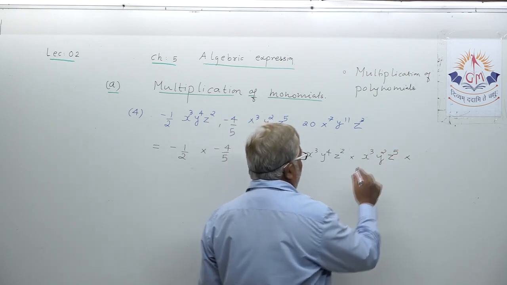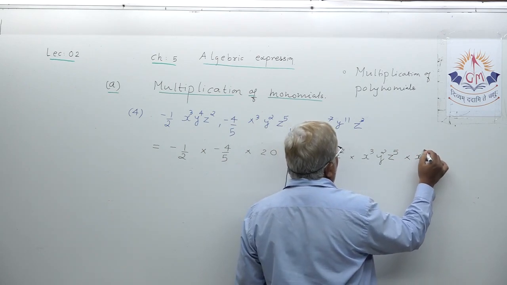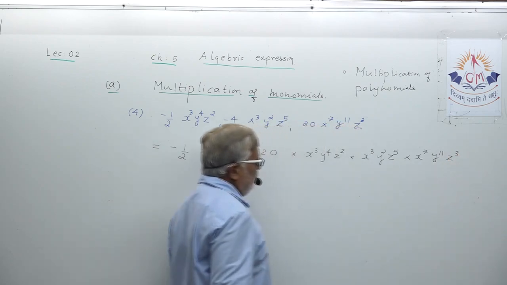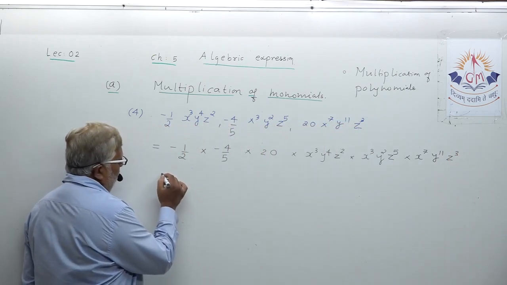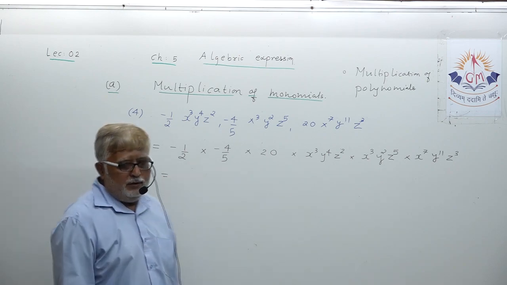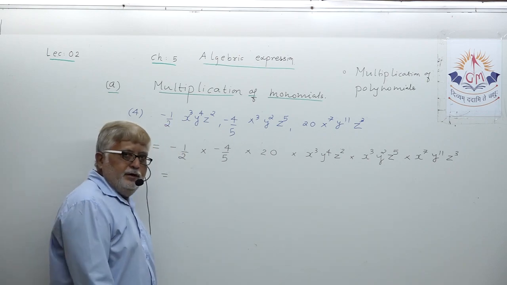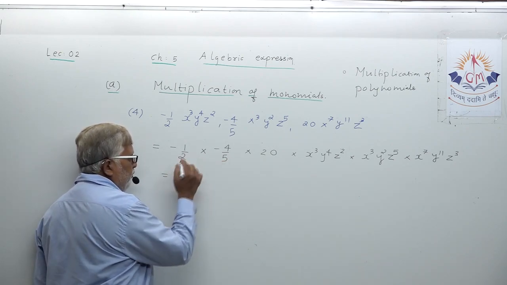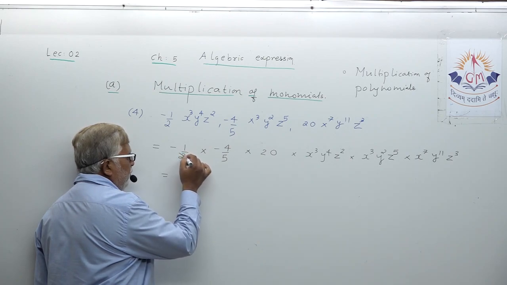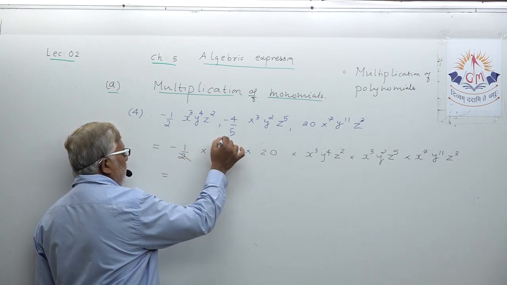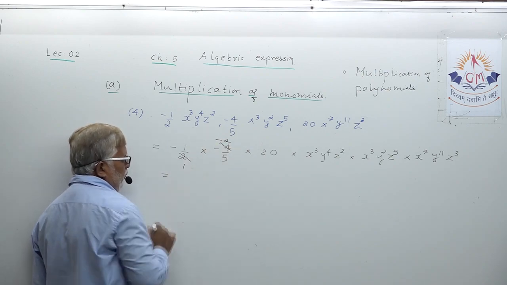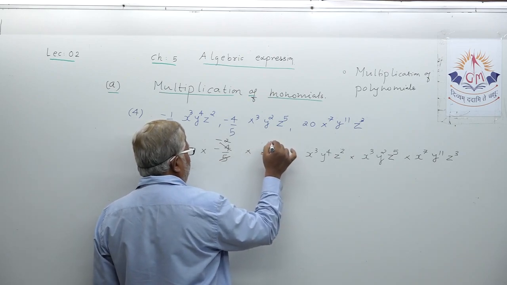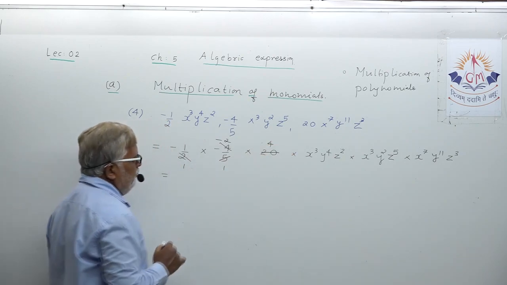Variables from the next monomial, x raised to 7 y raised to 11 z raised to 3. Our first target is to concentrate and solve the numbers. Okay, here you concentrate, is any cancellation possible? Why not? 2 2's are 4, here 1, 5 4's are 20, here 1.